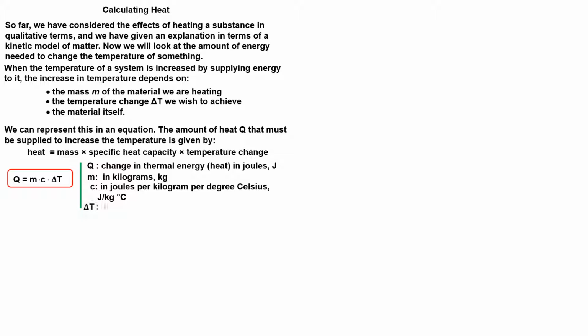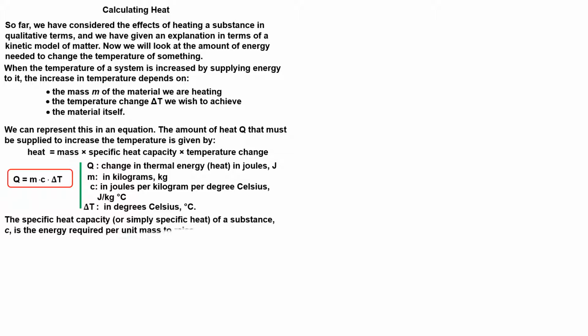ΔT, change in temperature, in degrees Celsius. The specific heat capacity, or simply specific heat, of a substance, c, is the energy required per unit mass to raise the temperature by 1 degree Celsius. If the mass is measured in kilograms, the unit of c is joules per kilogram per degree Celsius.